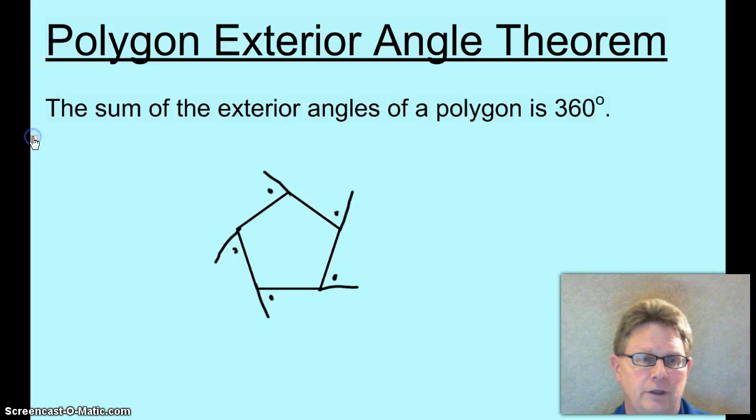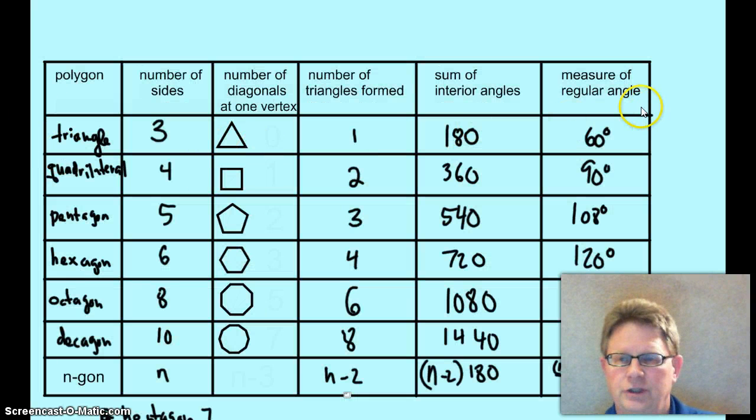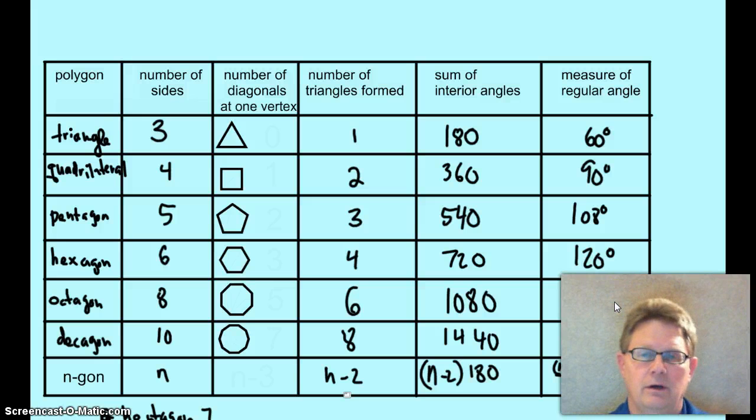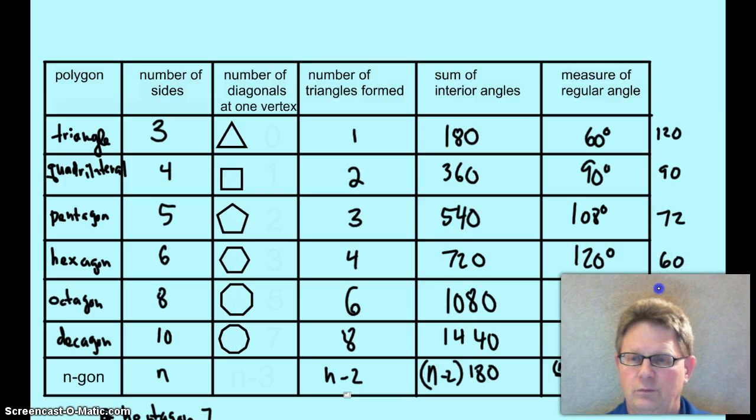Let's go back to our chart. Notice on our chart that as the number of sides gets bigger, each interior angle gets bigger. Well, that means that each exterior angle must get smaller. Each exterior angle on this regular polygon would be 120. This would be 90. This would be 72. This would be 60. This would be 45.